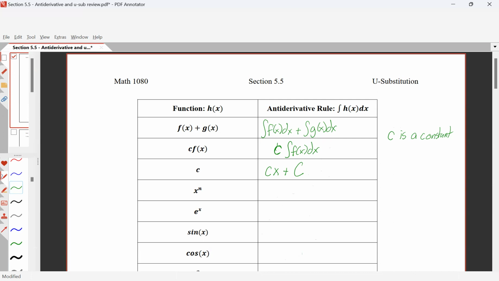And so it doesn't matter if I have 5x plus 7, the derivative is 5. If I have 5x plus 12, the derivative is 5. This plus c is representing that constant being added on that just goes away when we take the derivative. So when we take the antiderivative going backwards, we need plus c as that holder for any constant that could go here.